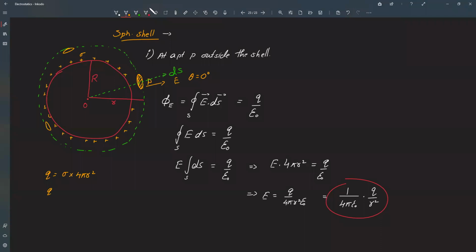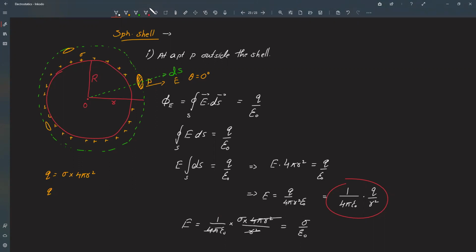So this q can be replaced with sigma into 4 pi r square. And if you do that, what is E here now? E is 1 by 4 pi epsilon naught into q, which is sigma into 4 pi r square, divided by r square. So the 4 pi r square and 4 pi are gone. So this is again sigma divided by epsilon naught.